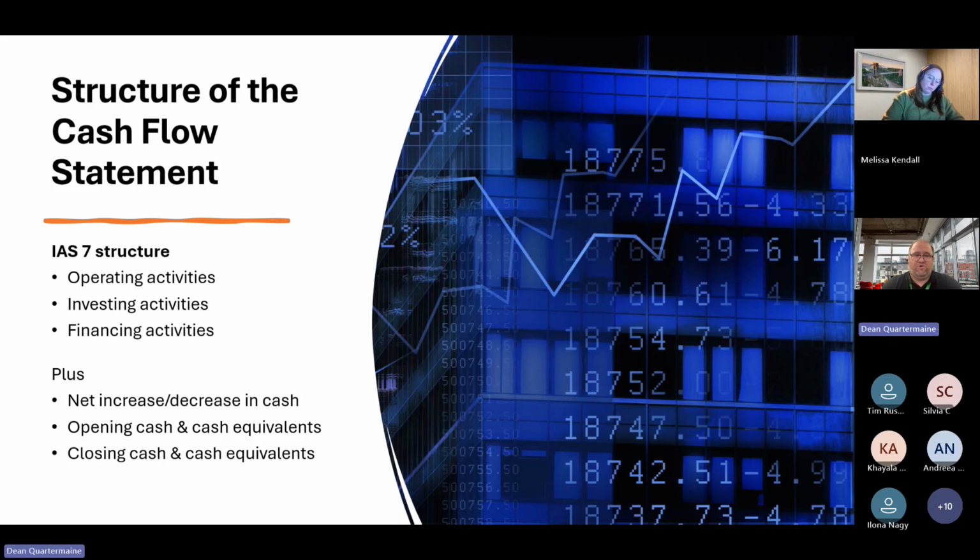So what's the structure of a statement of cash flow? Under this International Accounting Standard, IAS 7, the structure that's dictated is three sections: operating activities, investing activities, and financing activities.